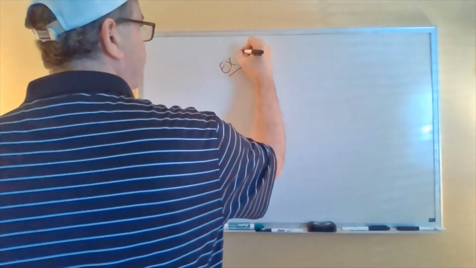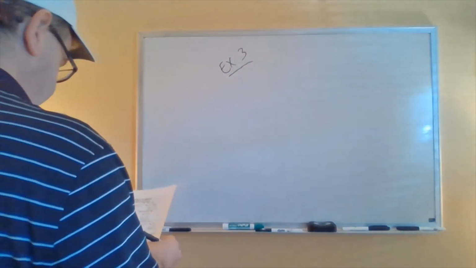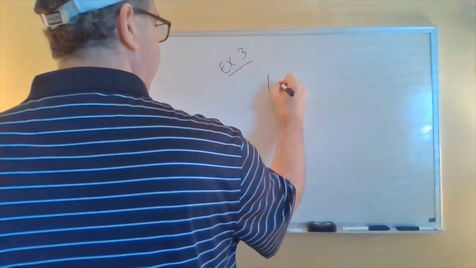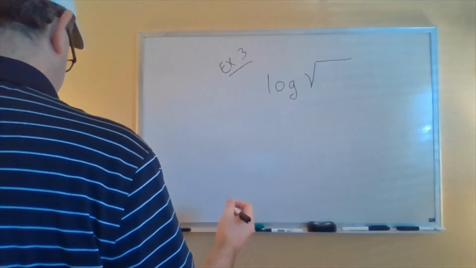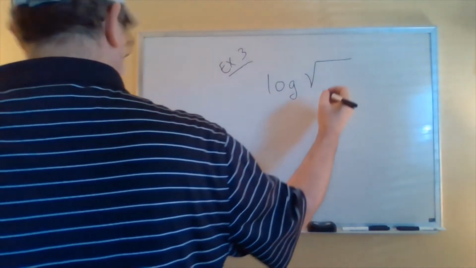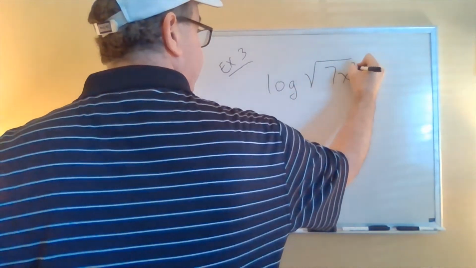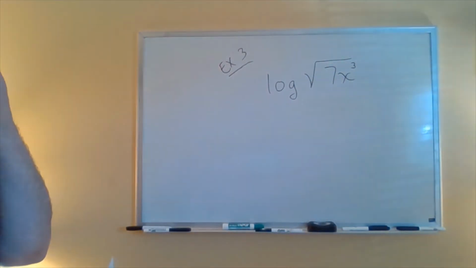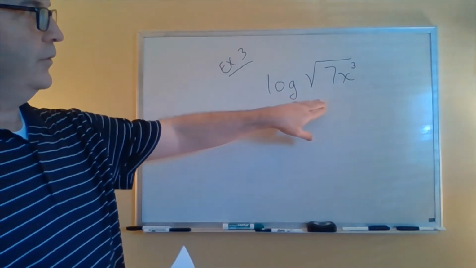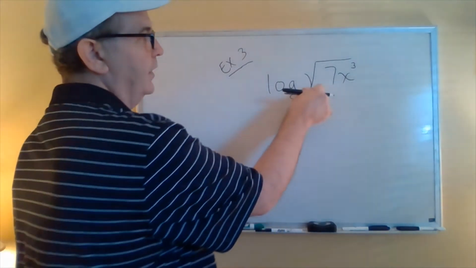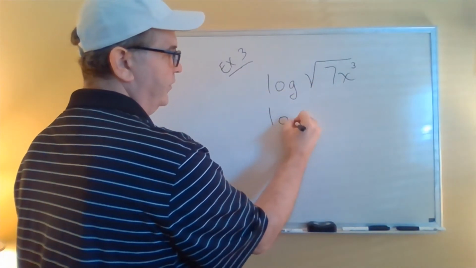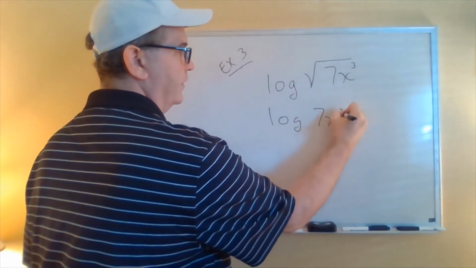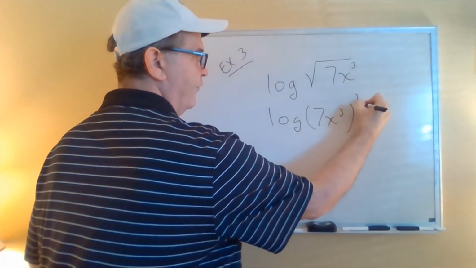Let's look at example 3, where I'm going to take the log of the square root of 7x to the third. Now in this case, we have to go back and remember radicals. Okay, when we have a square root, that's the same as writing this to the 1/2 power.